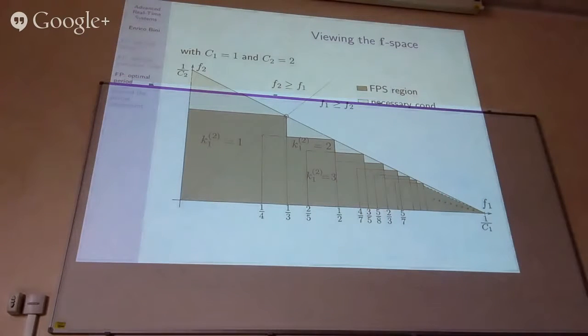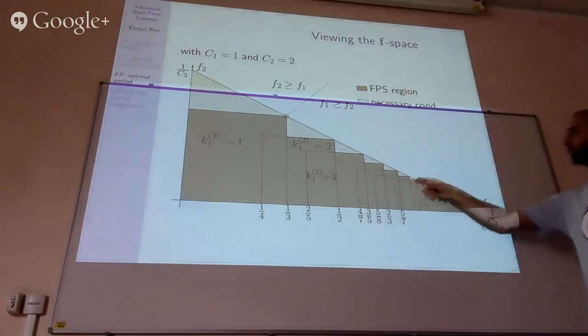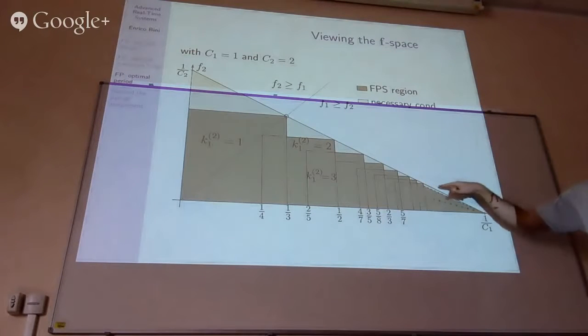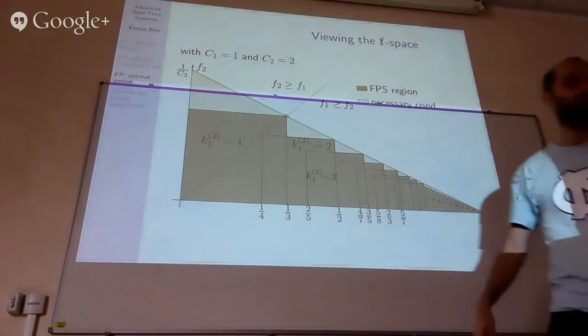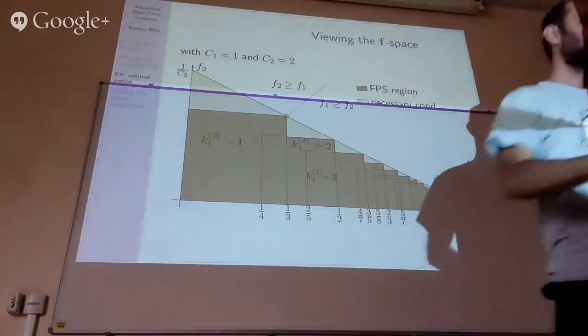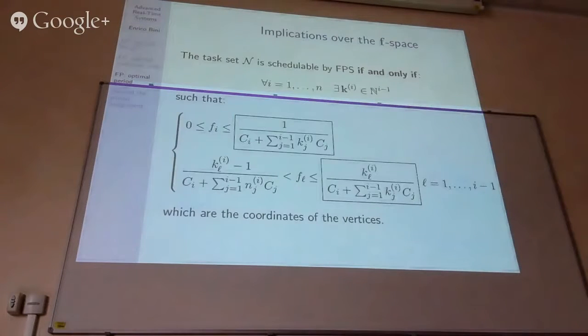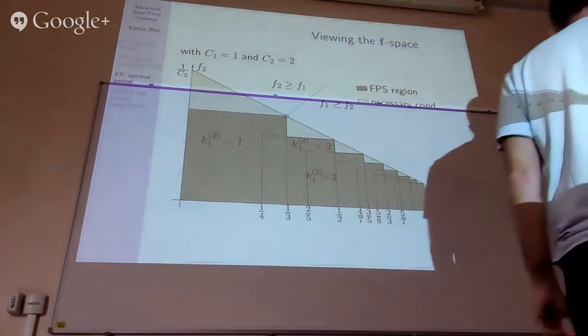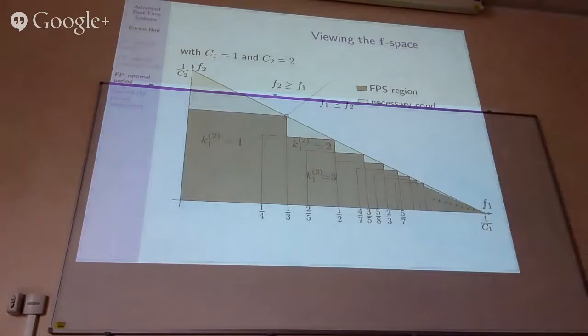Here, is n finite or what? The number of boxes to be united is infinite. As you know, we have to stop somewhere. The exact schedulability region is composed of an infinite number of vertices.